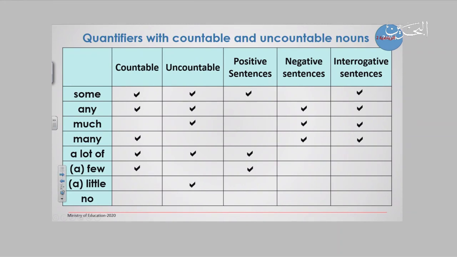Little, I use it with uncountable, positive sentence. No, I can use it with countable. For example, there are no bananas. Uncountable, there is no coffee. And positive sentences.